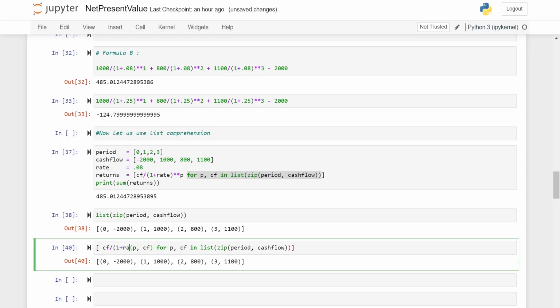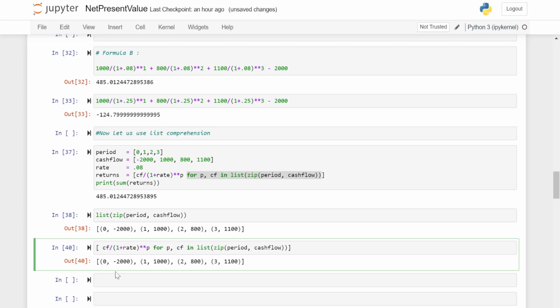Rate is 0.08, already written. Now close the parenthesis. This let me remove. And then to the power what? P. What is P? The very first iteration will give us 0. Correct?